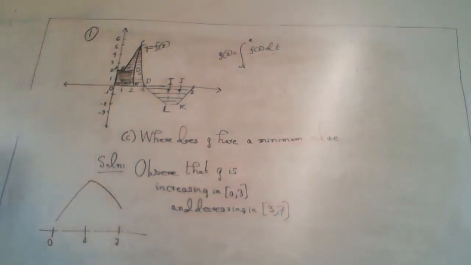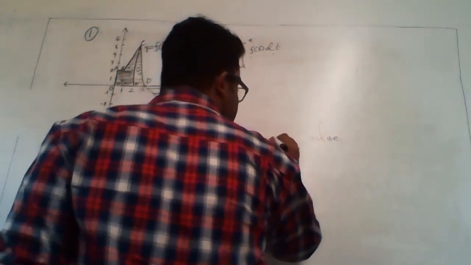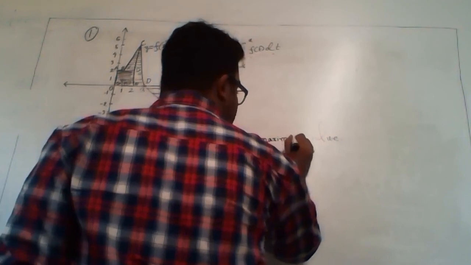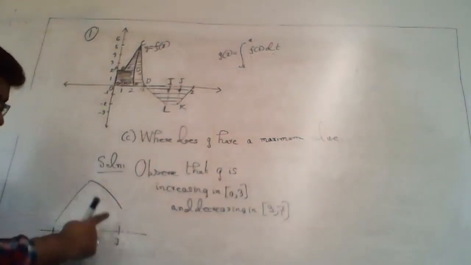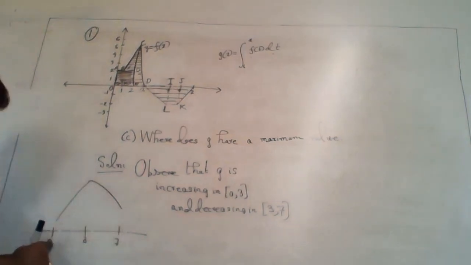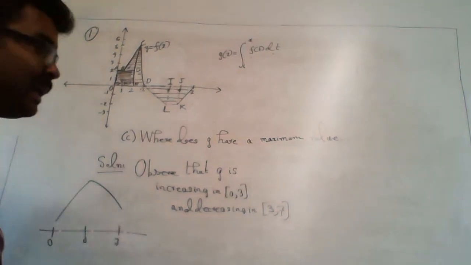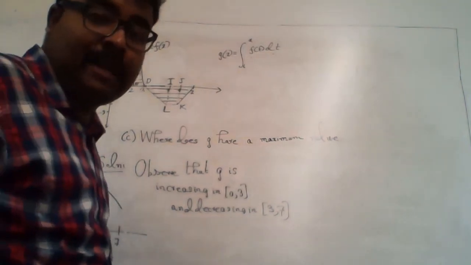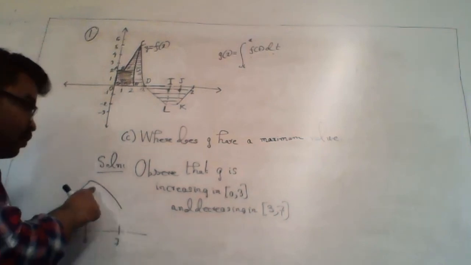Where does g have a maximum value? From 0 to 3 the function was increasing, and from 3 to 7 it was decreasing. So clearly the graph of the function will be like this: from 0 to 3 it is increasing, and from 3 to 7 it is decreasing. So clearly 3 is the point of local maximum.